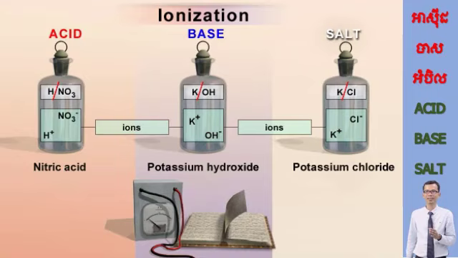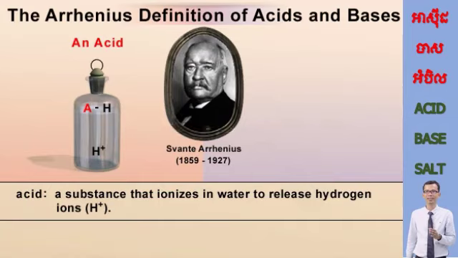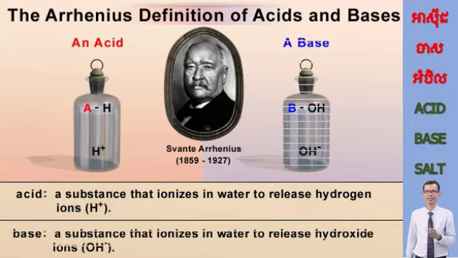These and other experiments led Arrhenius to propose the first accepted definition of acids and bases. Arrhenius defined an acid as a substance that ionizes in water to release positively charged hydrogen ions into solution. He defined a base as a substance that ionizes in water to release negatively charged hydroxide ions in solution.